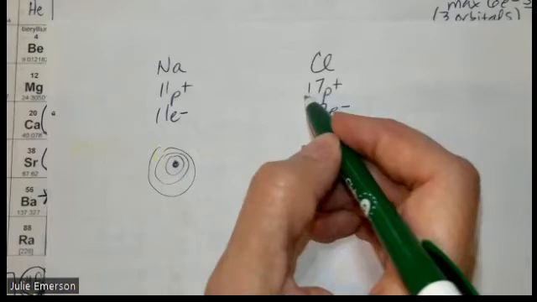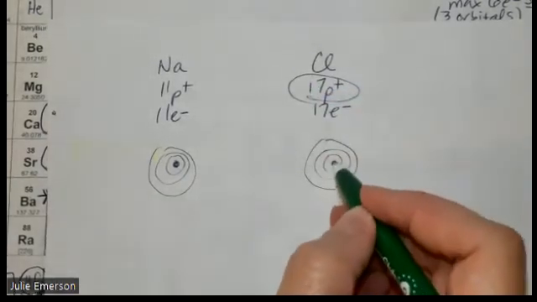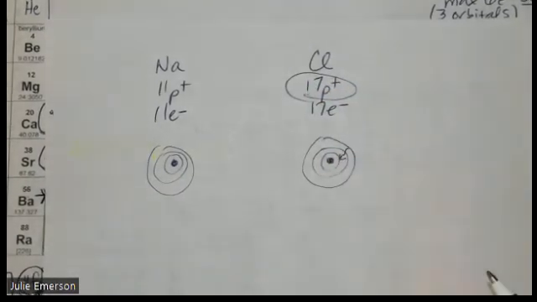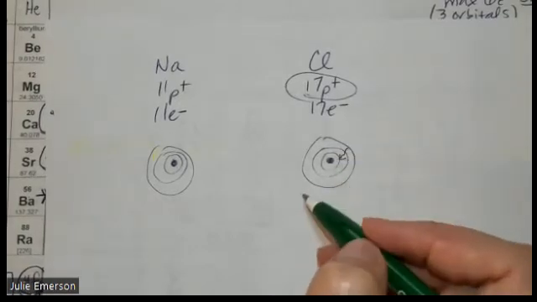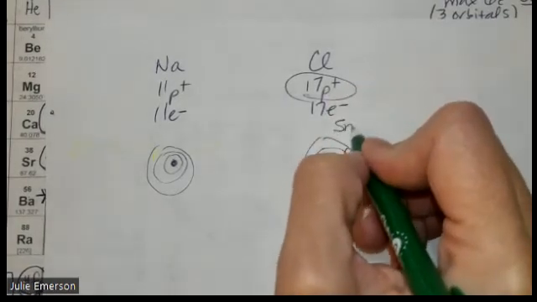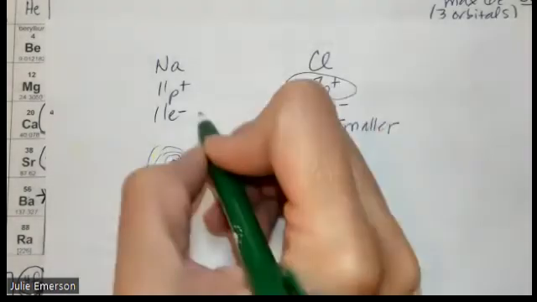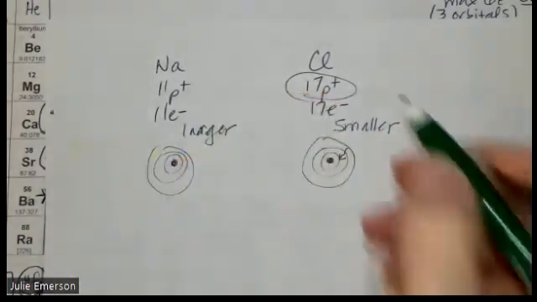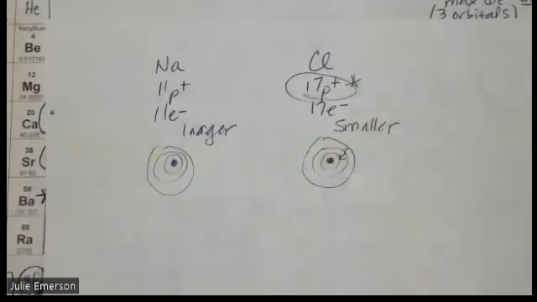So because we have a higher positive charge in the nucleus, it does a better job at bringing those outermost electrons in, not into a different shell, but just contracting the radius. So it turns out that the chlorine is smaller than the sodium. The sodium is slightly larger. And again, it's because it has the higher positive charge in the nucleus.